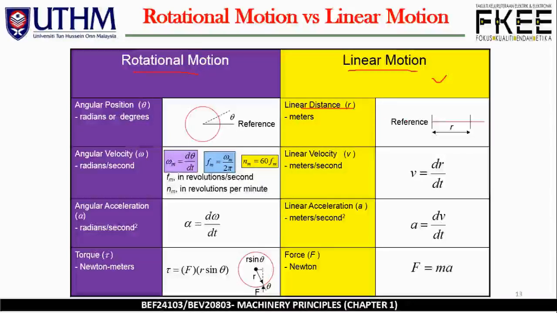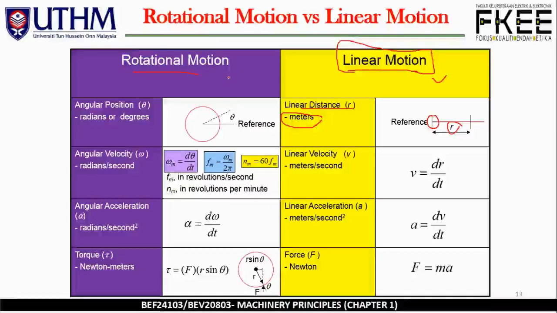We have the displacement over here from the reference, the beginning point. We have a displacement of r, in meters, for linear motion. This is a very straightforward discussion. So what about the rotational motion?